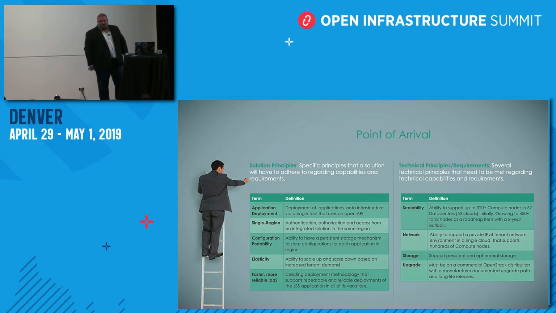Solution principles. You're going to have solution principles, specific principles that will have to be adhered to regarding capabilities and requirements. Application deployment principles, via a single tool that uses an open API.